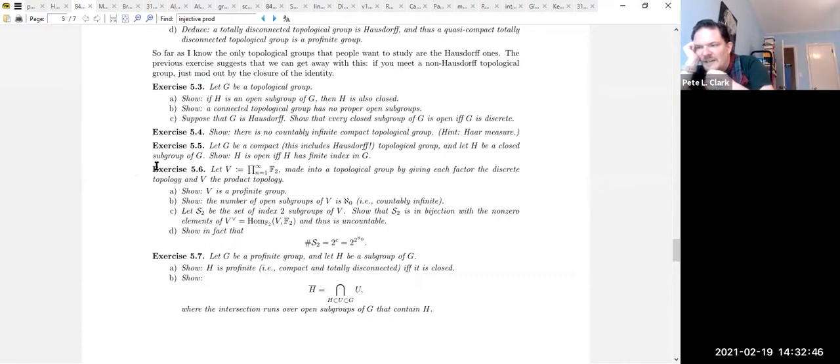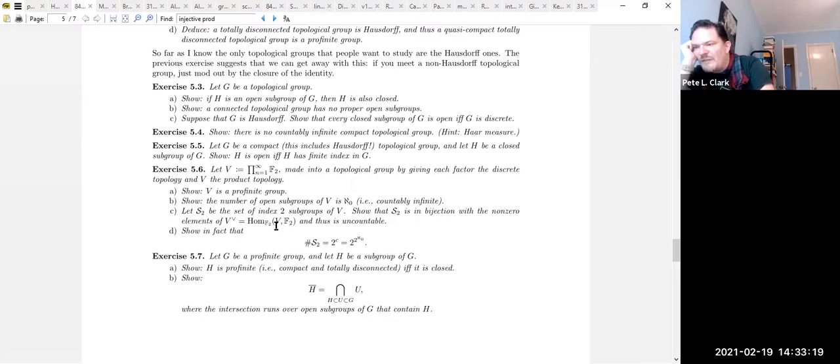On the other hand, this is an F2 vector space. It really is. Okay, and so look at the set of index 2 subgroups, equivalently codimension 1 subspaces of the space. Here, because it's the field of 2 elements, things are especially simple. And so I claim there's a pretty easy bijection between the set of all codimension 1 subspaces and the non-zero F2 linear functionals.